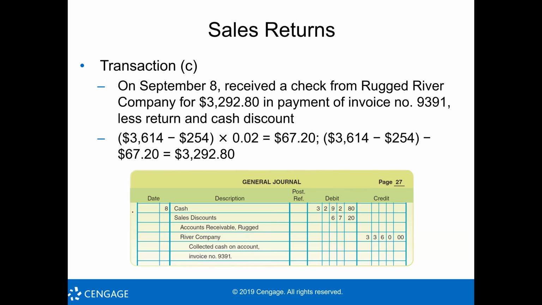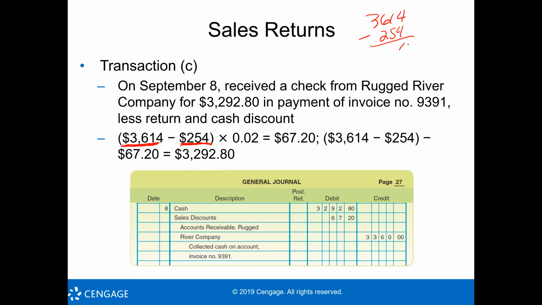Okay, and so now the customer's making the payment. And so just what it's showing us here is that, remember, the original invoice was 3614, okay? And then they returned $254 worth of merchandise. So basically we're looking at, if we put it the other way, 3614 minus 254.